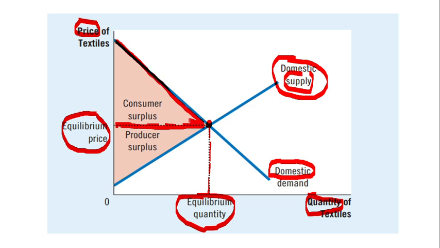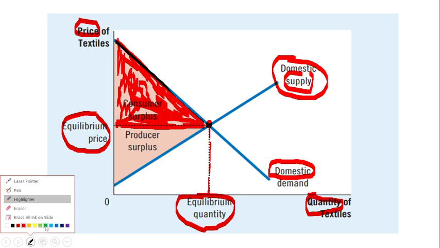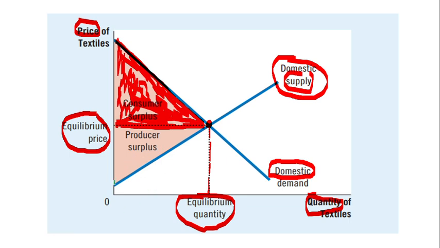So this area shows the consumer surplus. Whereas the producer surplus is the area above the supply curve and below the equilibrium price. So this is the producer surplus.